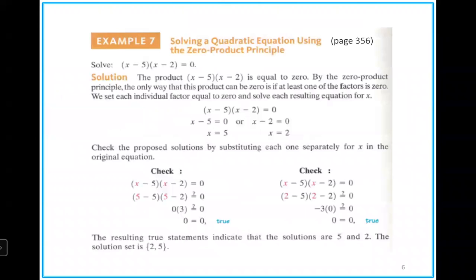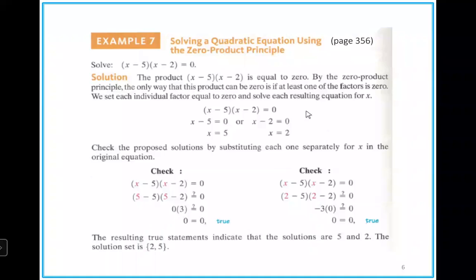Okay. So we have an example here where you have x minus 5 times x minus 2 is equal to 0. So the products are x minus 5 and x minus 2. So we have two binomials that multiply to give 0. But because of this zero product principle, either x minus 5 is equal to 0 or x minus 2 is equal to 0.